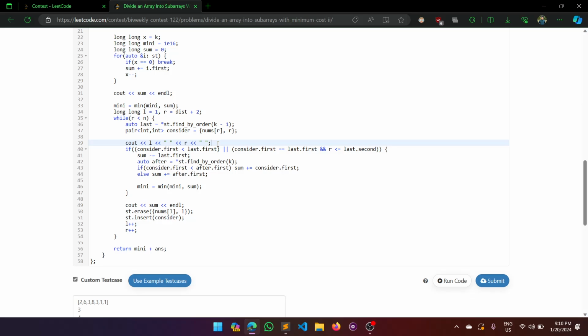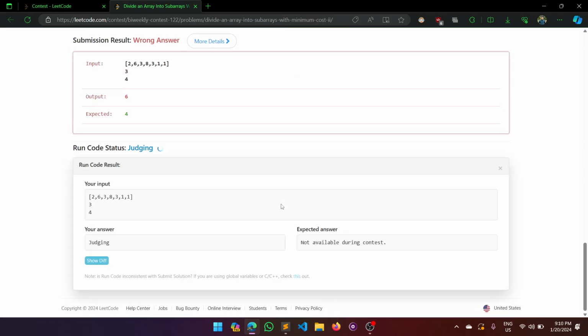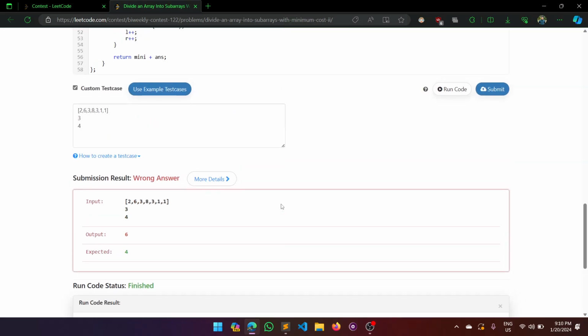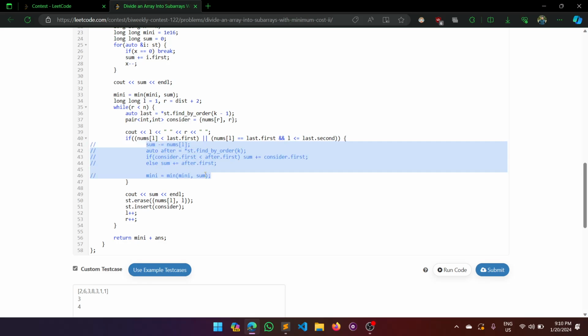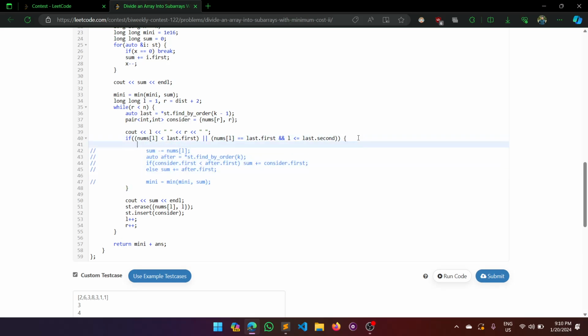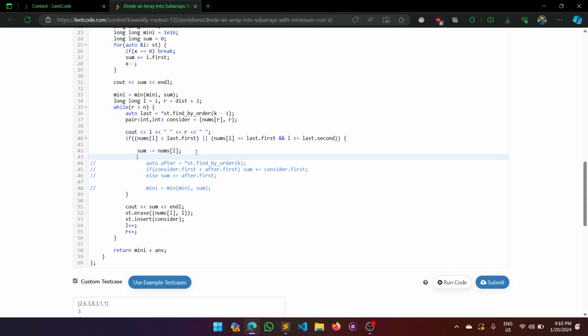We'll divide it into two parts first. I will try to divide it into two parts. If the answer was the part of the sum, we'll remove it and will include the after element.